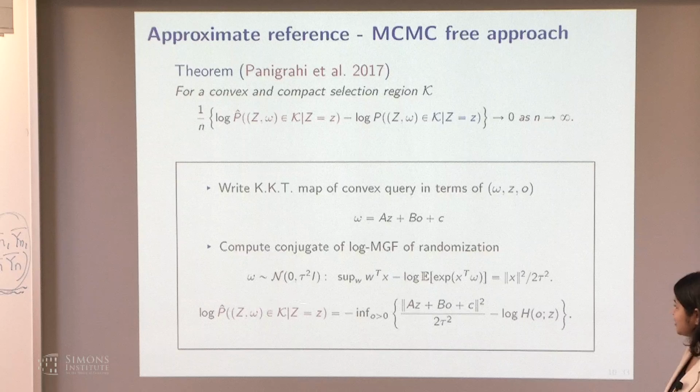So my approximation is precisely given by this quantity, which is a convex objective. So the first part you can see comes by evaluating this conjugate of the log MGF of Gaussian randomization at the KKT map. And then I have another function which I can compute explicitly.